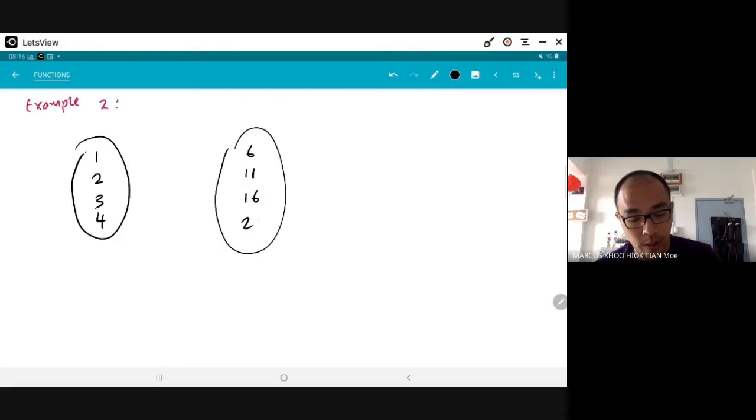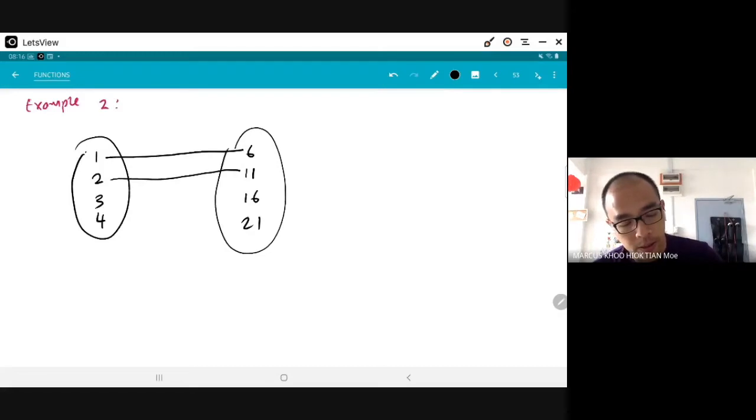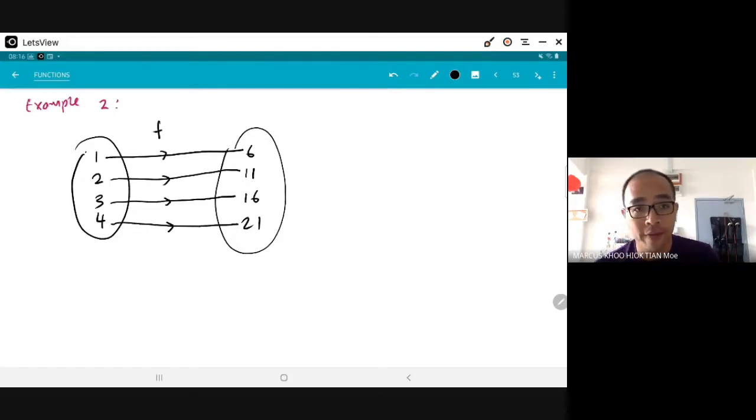So let's say for example I plot like this, and all the black arrows going over here are under the function of f. Sini adalah x, sini adalah the image. x are the objects lah.